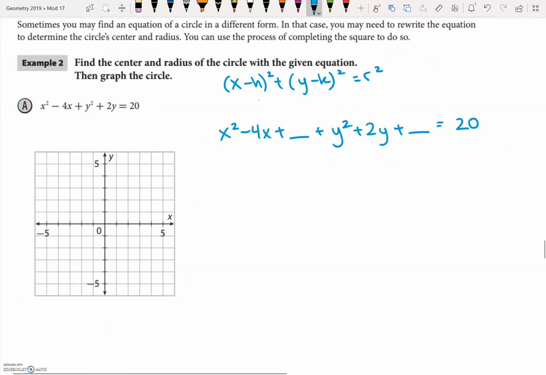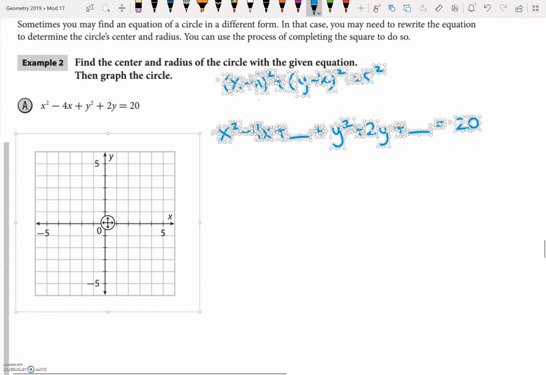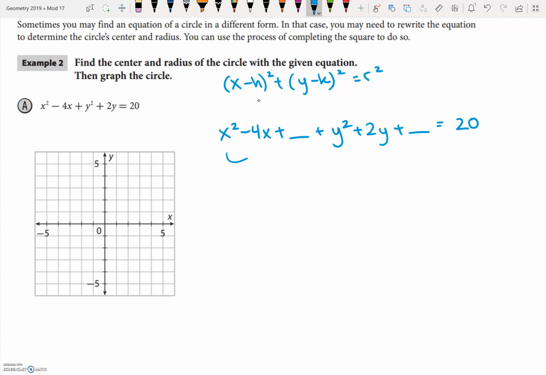What that means is I need this to be a complete square, and I need this to be a complete square. So in order to figure that out, we're going to do half of b squared. So we're going to do half of 4 squared, and half of 2 squared.